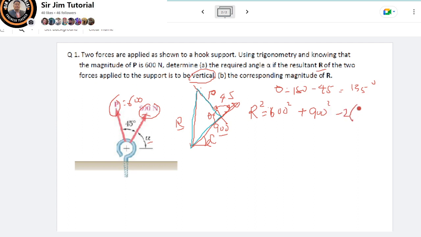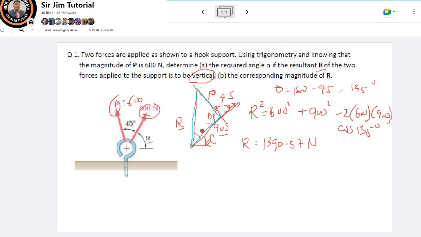Minus 2 times 600 and then this 900, cosine of this theta, which is 135 degrees. R now becomes, using your calculator, 1390.57.